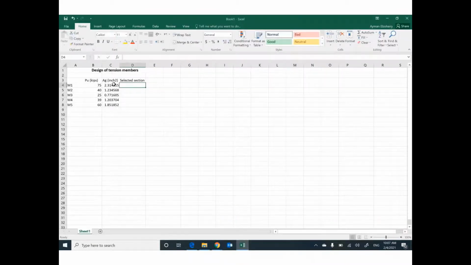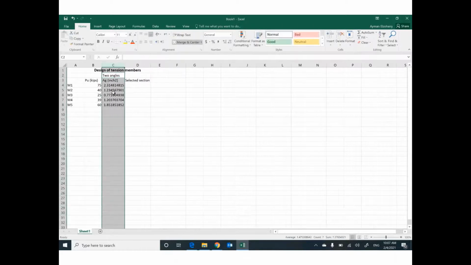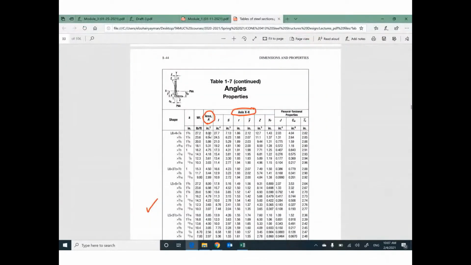Remember this required area gross is for two angles. This area in this table is only for one angle. So be careful.